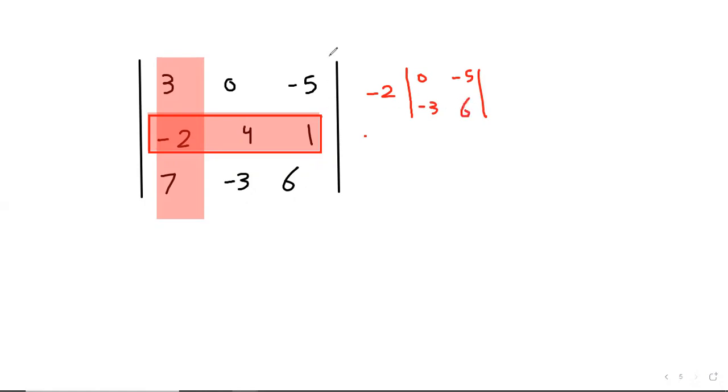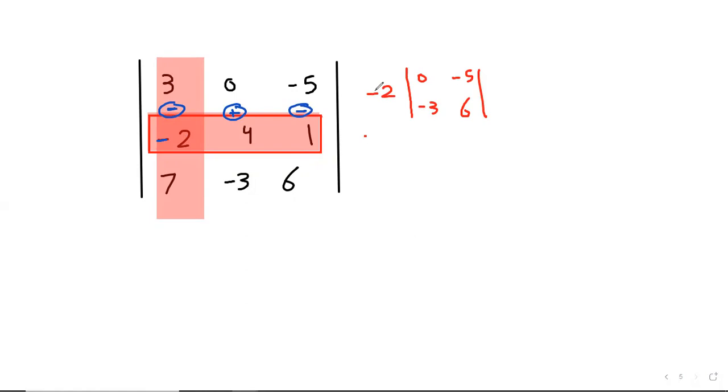And what is the sign of the second row? It's negative. And this negative is different from this negative. And here it's a positive, and here it's negative. That is the sign of the row.